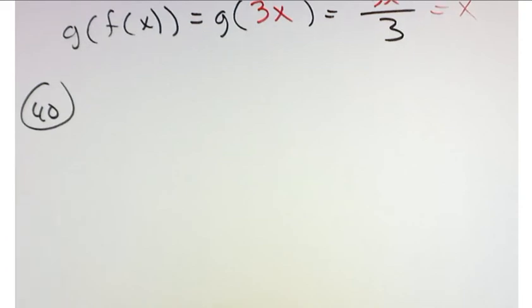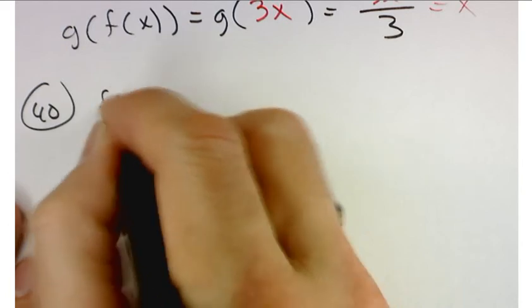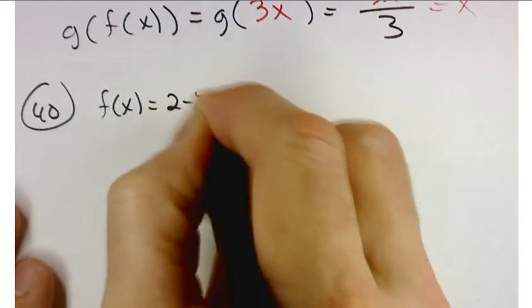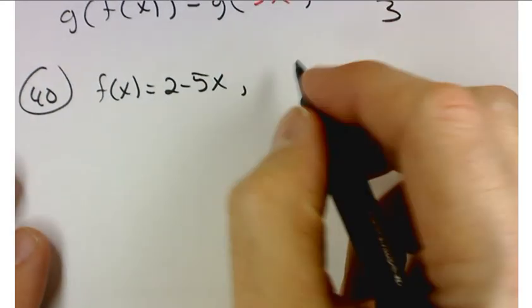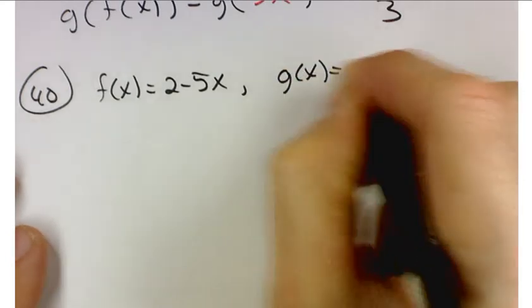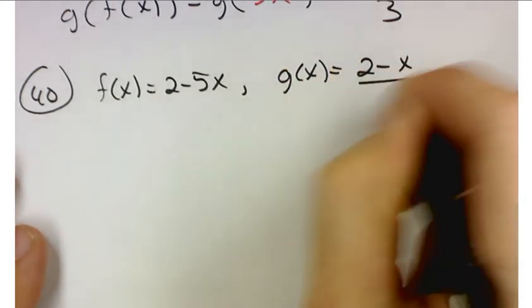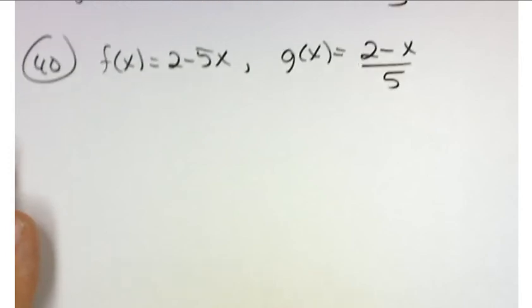f of x is 2 minus 5x. g of x is 2 minus x over 5. So those are my two functions.